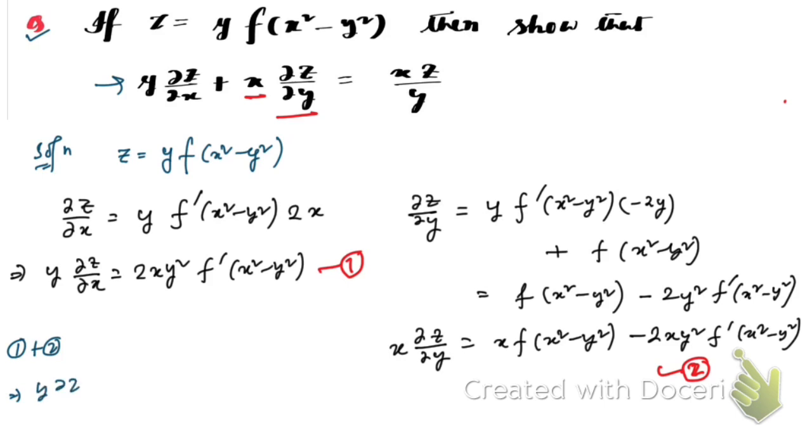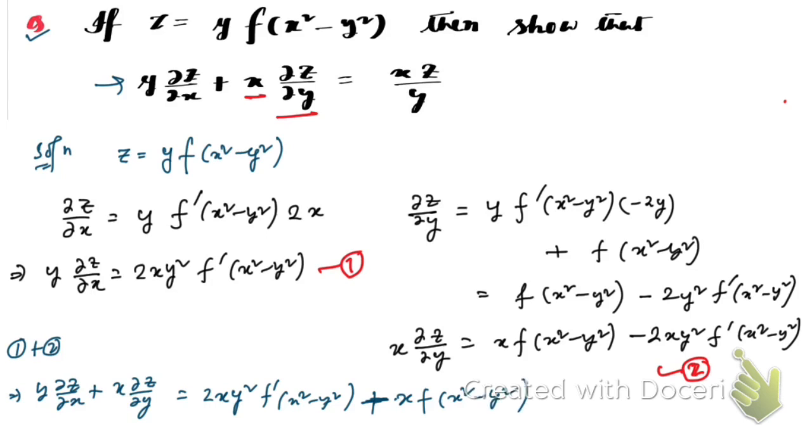So y del z by del x plus x del z by del y, left hand side plus left hand side, right hand side plus right hand side: twice x y square f dash of x square minus y square, then plus the right hand side of equation number 2, x into f of x square minus y square minus 2xy square f dash of x square minus y square. So here you see these two terms cancel, right?